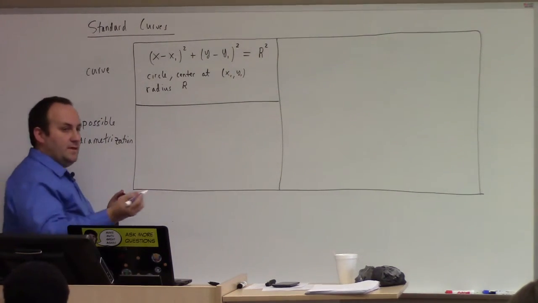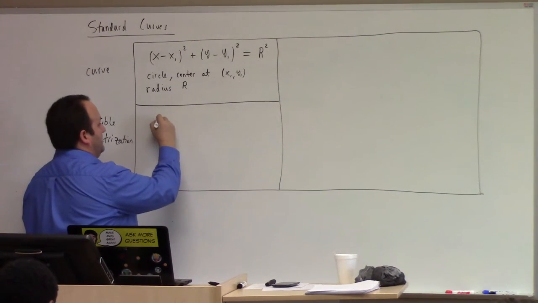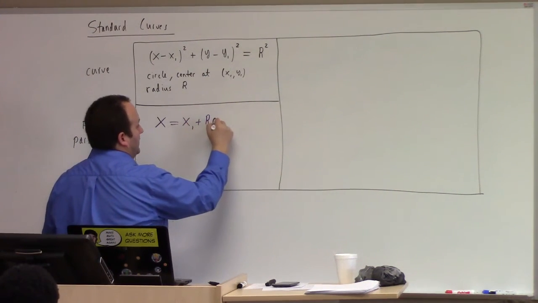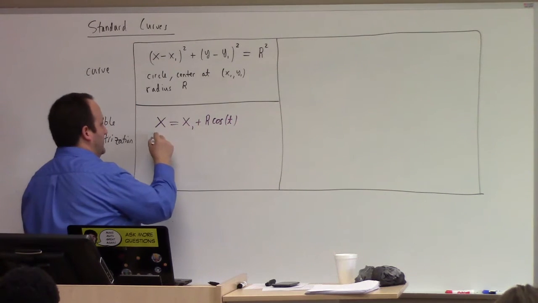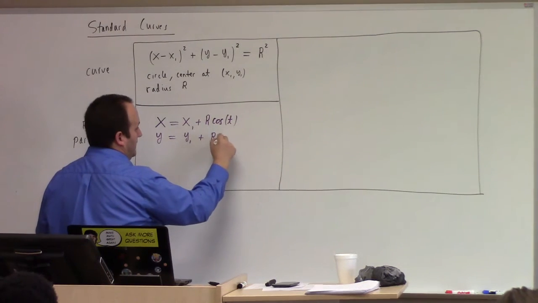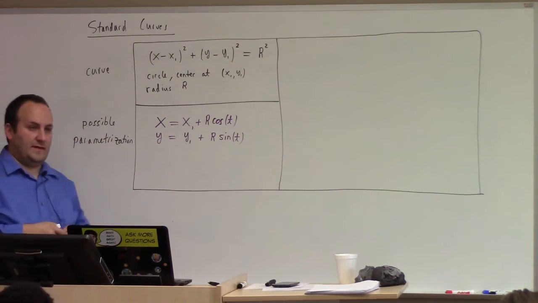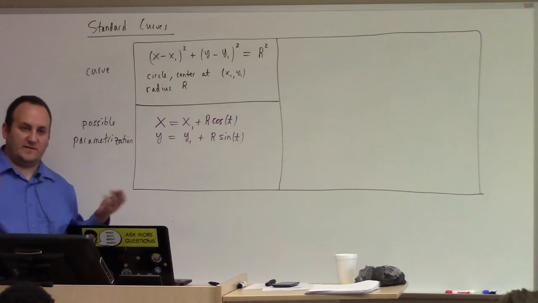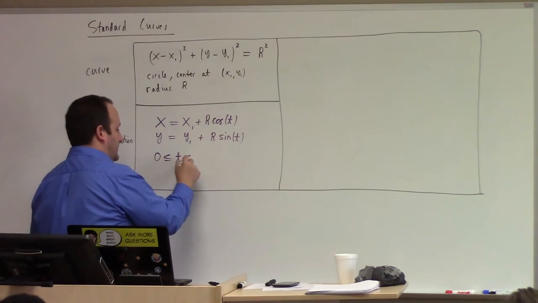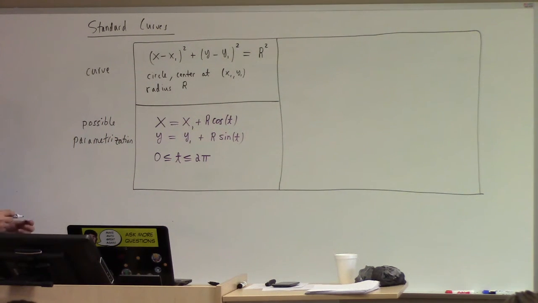If you want the whole circle, you let x equal x1 plus r cosine t, and y equal y1 plus r sine t. Then it depends on how much of the circle you want. If I want the whole circle, I do 0 less than or equal to t less than or equal to 2 pi. What if I just wanted the upper half of the circle?